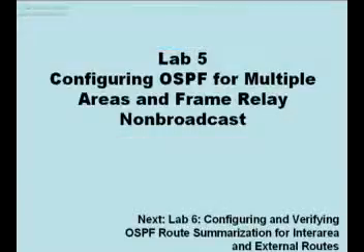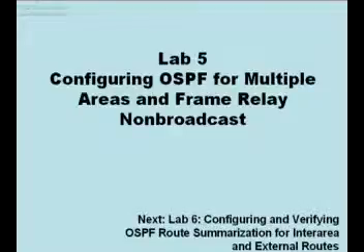That is going to wrap it up for lab number 5, where we configured a multi-area OSPF network where one of the network types for OSPF was non-broadcast. We noticed that non-broadcast had the unique feature of not allowing the neighbors to automatically learn about one another. We had to overcome that behavior with the neighbor command.